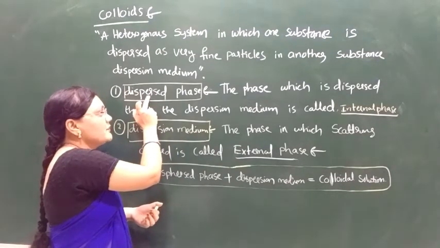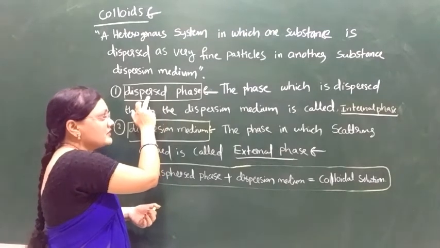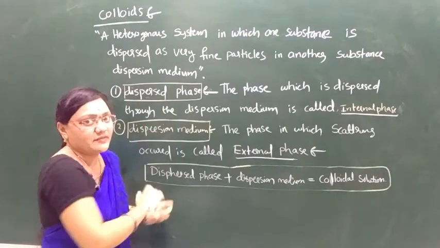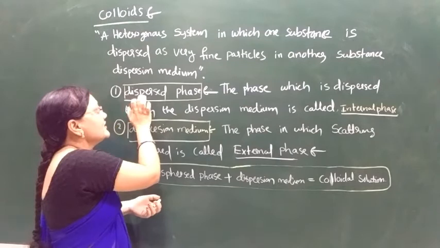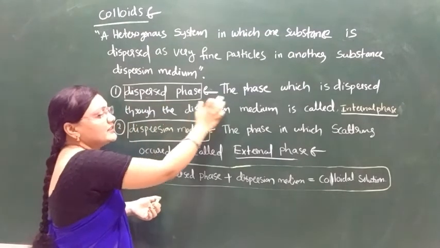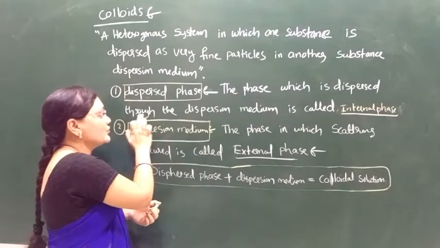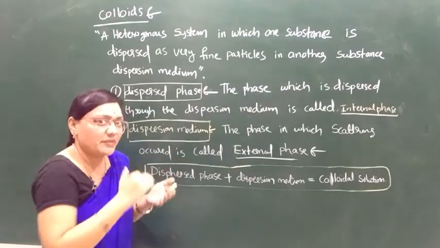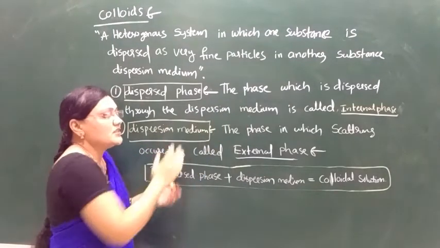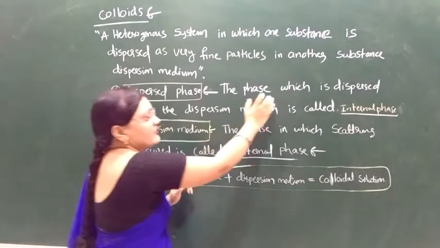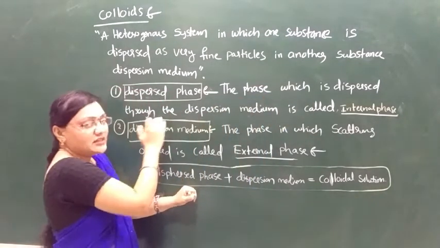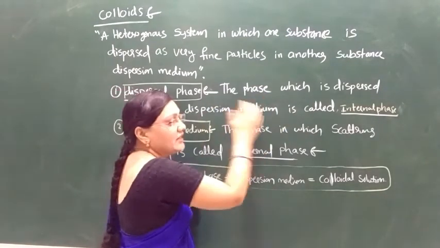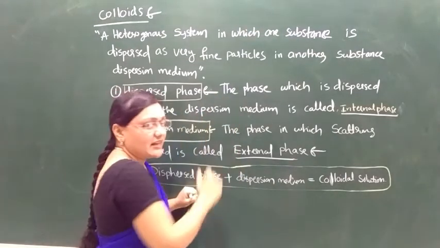The dispersal phase is the internal phase. It is the phase which is dispersed through the dispersion medium. Dispersion means separation. The phase which is dispersed through the dispersion medium is called the dispersal phase or internal phase.